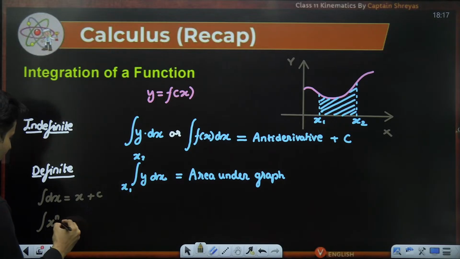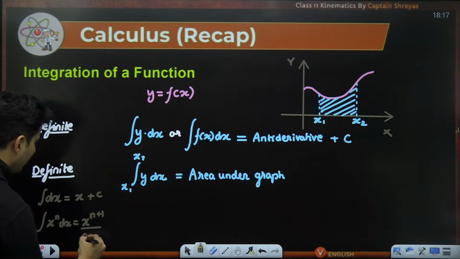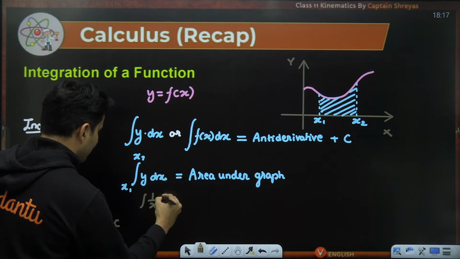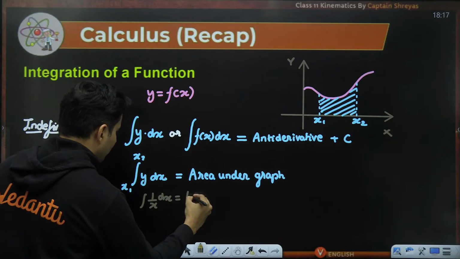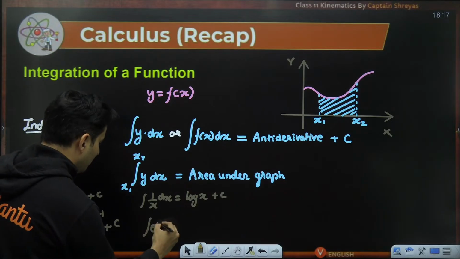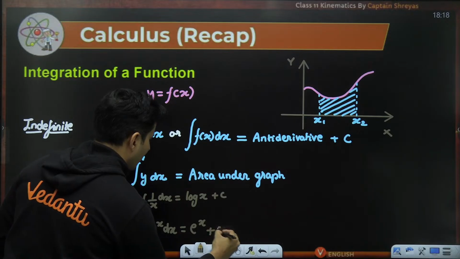Integration of x raised to n is nothing but x raised to n plus 1 by n plus 1 plus constant. Integration of 1 by x is nothing but log of x, again constant of integration. Integration of e raised to x is just e raised to x only.